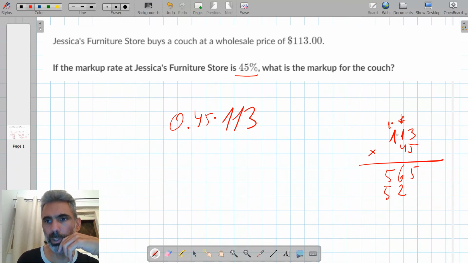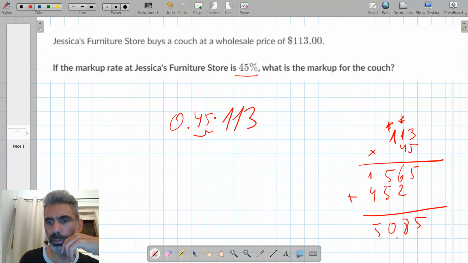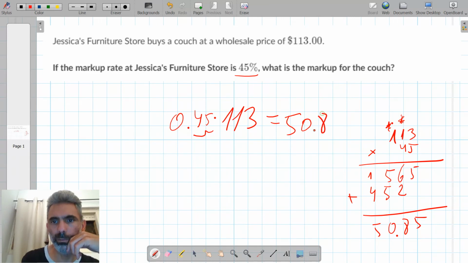And 4 times 1 is 4. 5, 8, 10. You need to shift the decimal point 2 places to the left, so it's 50.85.